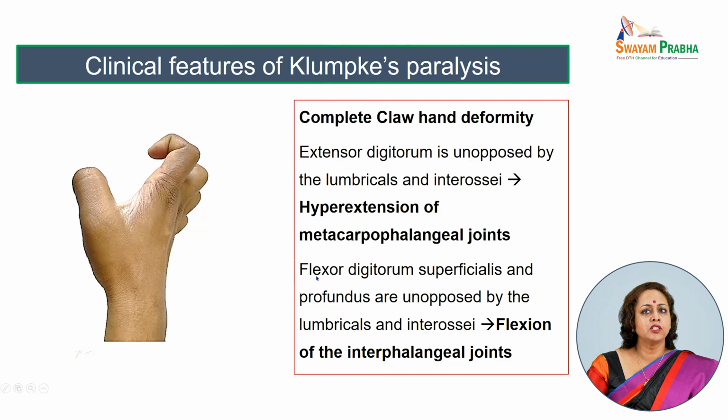And the flexor digitorum profundus is unopposed because it is supplied by the other root values, and it is unopposed because the lumbricals and interossei are paralyzed. So what will you get? Flexion of both the interphalangeal joints. This is the reasoning behind the deformity of complete claw hand, which you get in Klumpke's paralysis of the lower trunk of the brachial plexus.